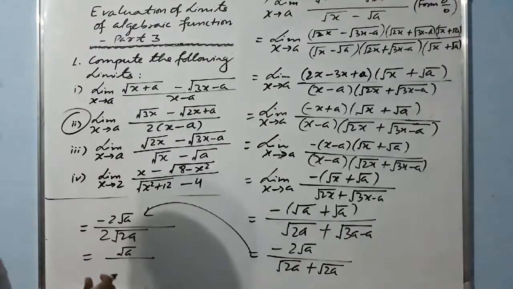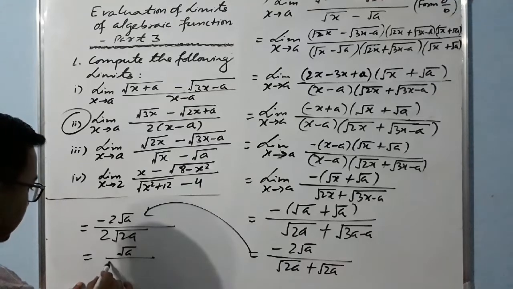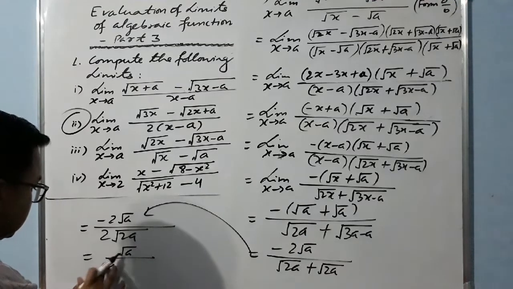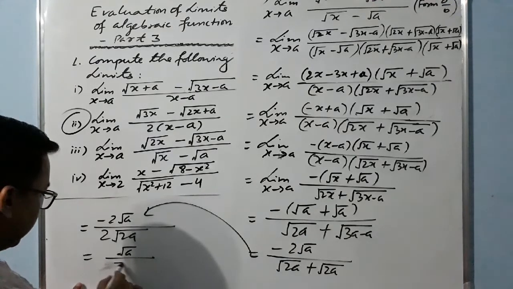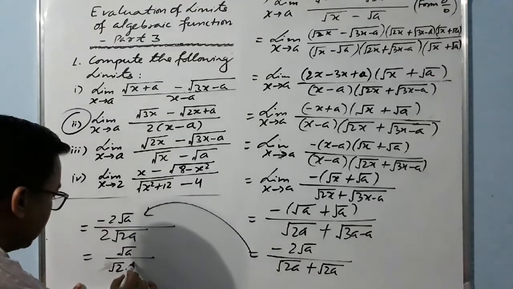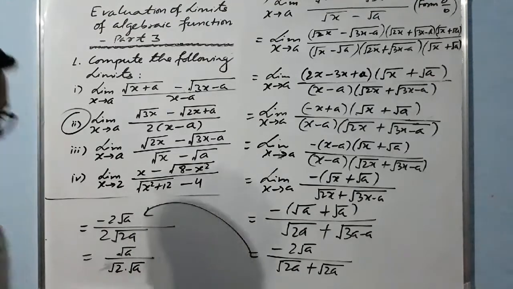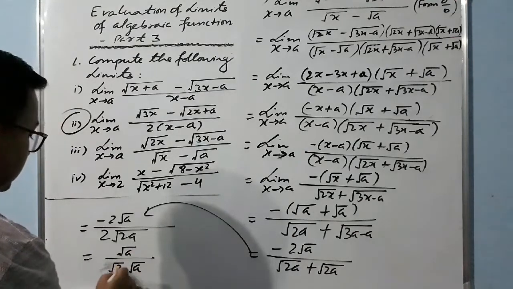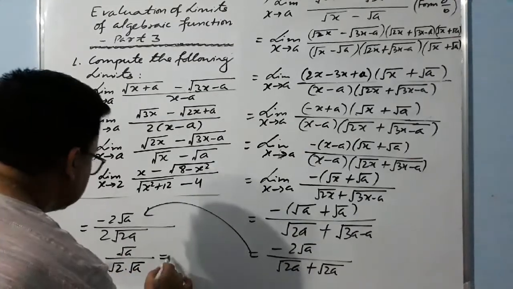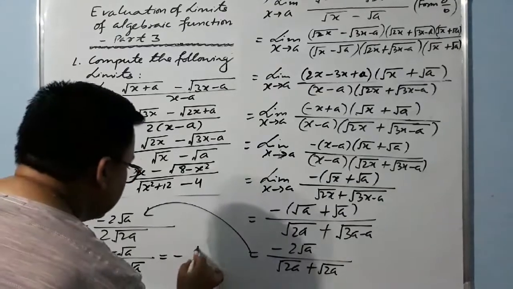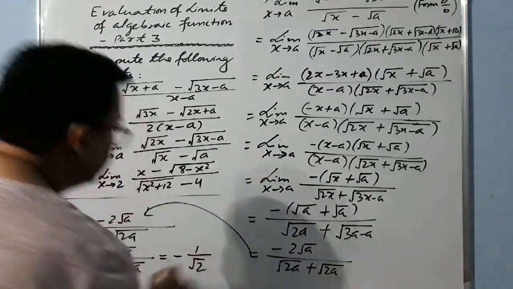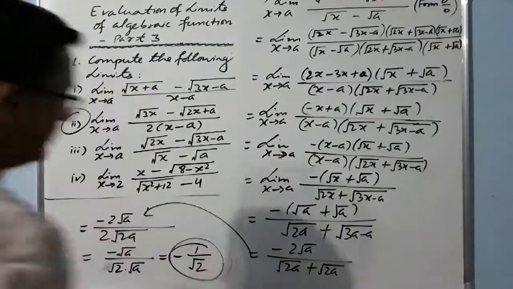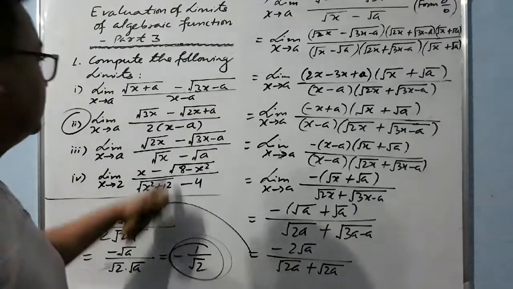A little bit of simplification we can do here, and we can write it this way, 2 root a into root 2. So root 2 into root a, and cancel the negative sign. So finally 1 upon root 2. So this is your limit of the function.